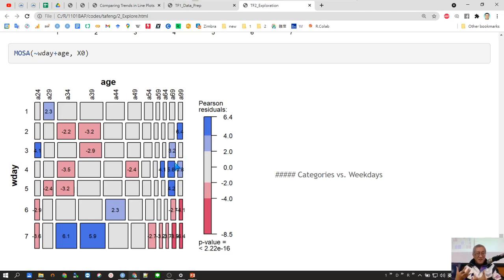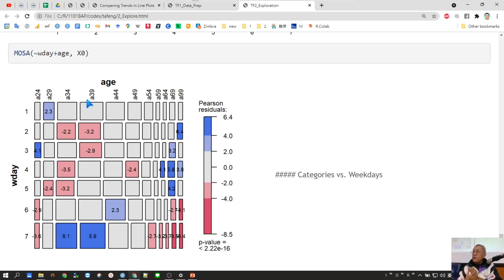As you can see, these two boxes are very important, right? Because they are big and they are significantly higher, right? What do these two boxes mean? These two age groups, okay, they like to do shopping on Sunday, right?